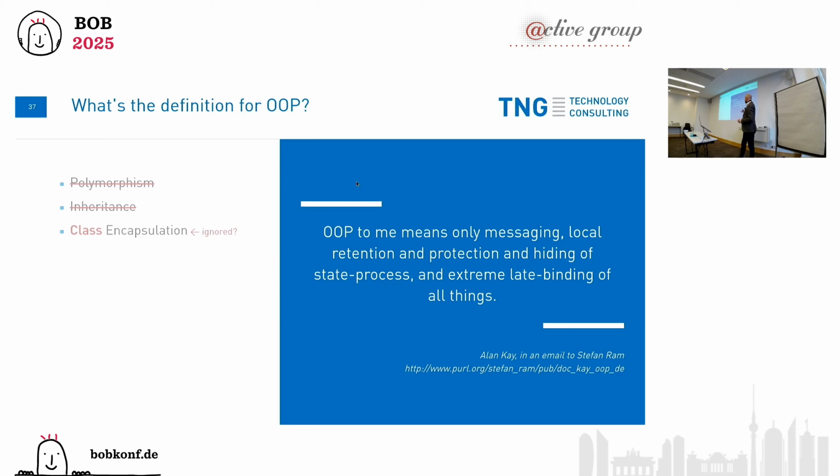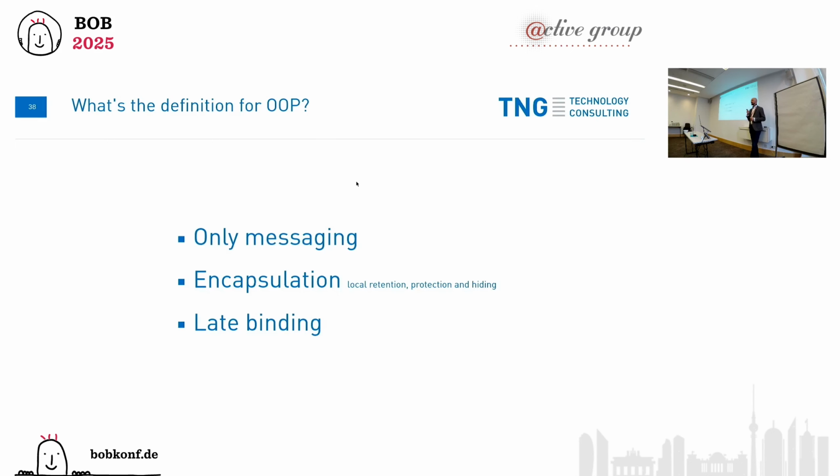Now that is a definition we can work with. Only messaging is something we can directly add to our list. Local retention and protection and hiding of state process, I think we can actually keep this as encapsulation, as we will see. And we can add extreme late binding of all things as the third term on our list. So here's the definition of object-oriented programming according to its inventor.